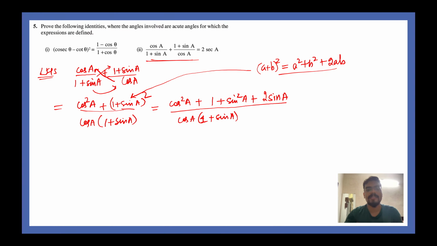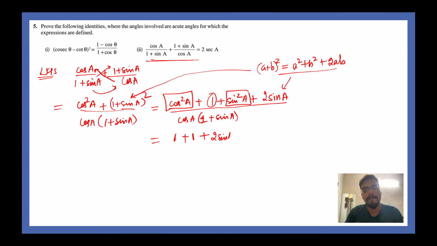Next step is, guys, see, cos square a plus sin square a. These two terms will add up to what? They will add up to, yes, 1. Very nice. So cos square a plus sin square a can be written as 1. Now plus, we already have this 1, so 1 plus 1, plus what we are left with on the numerator side is 2 sin a.